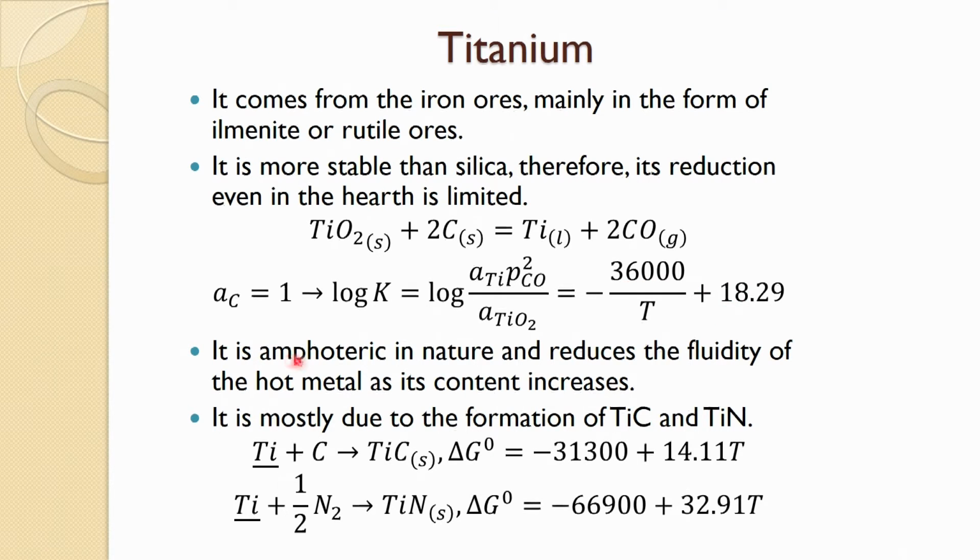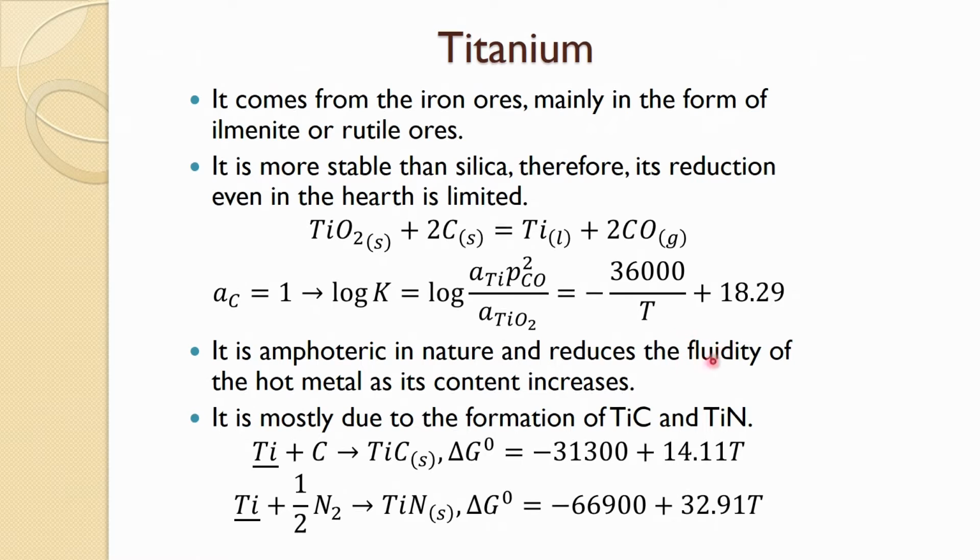It is amphoteric in nature and reduces the fluidity of the hot metal as its content increases. So, it is not advisable to have more titanium in the ore or in the metal. It is mostly due to the formation of titanium carbide and titanium nitride.